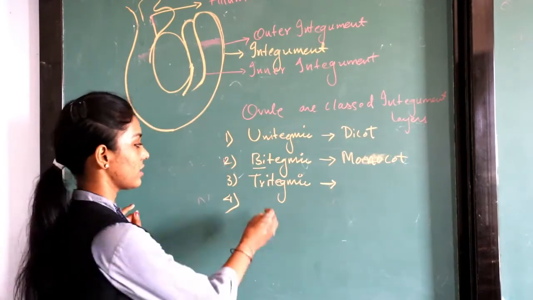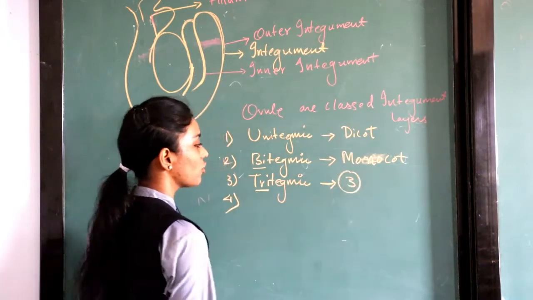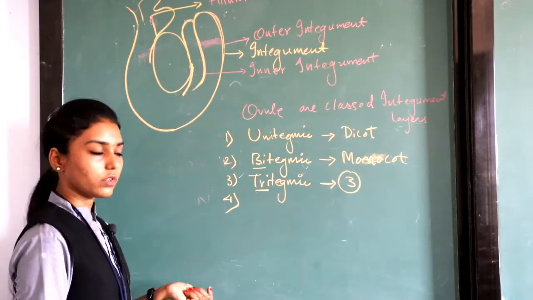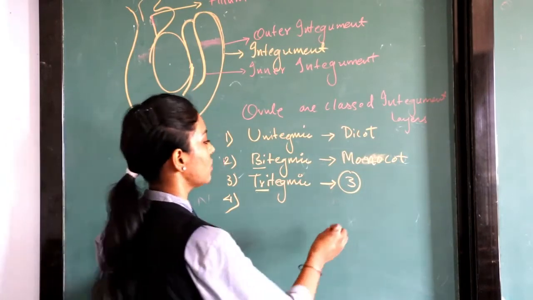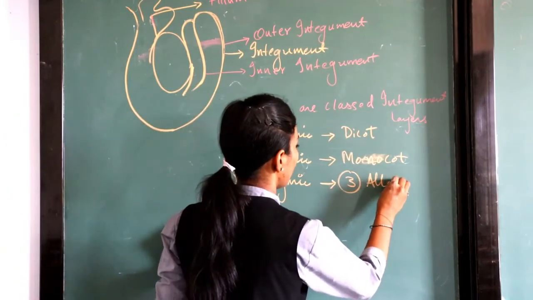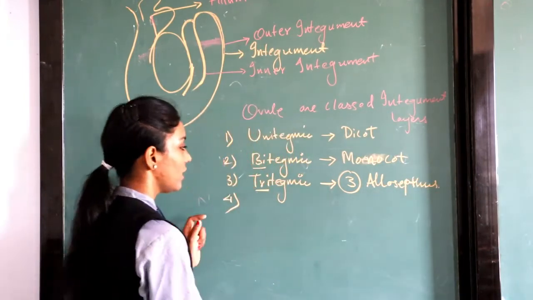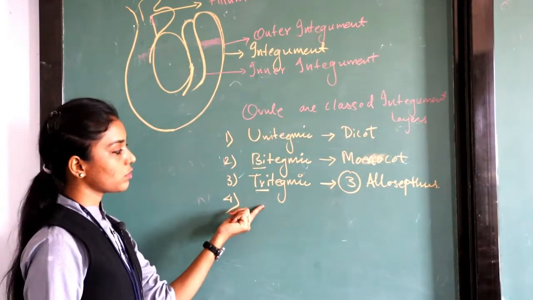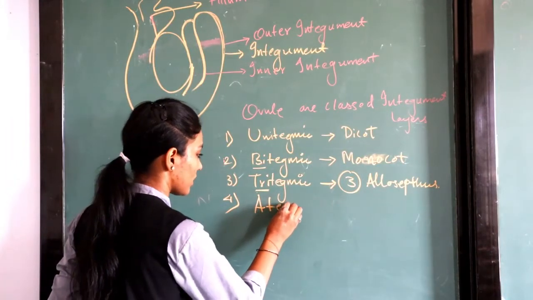Next is tritegmic. As the name suggests, tri means 3 integuments covering the ovules. That is mostly seen in plants such as Allocepthus. Now you might think the next would be tritegmic, but it is not; it is ategmic.